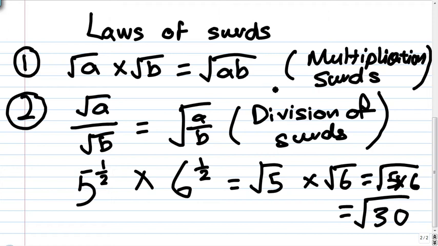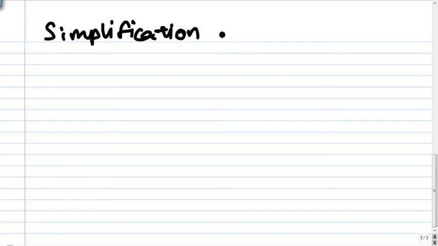Let me move on to the next page. I spoke a little bit about similar and dissimilar surds earlier on. Let's learn how to actually simplify surds.